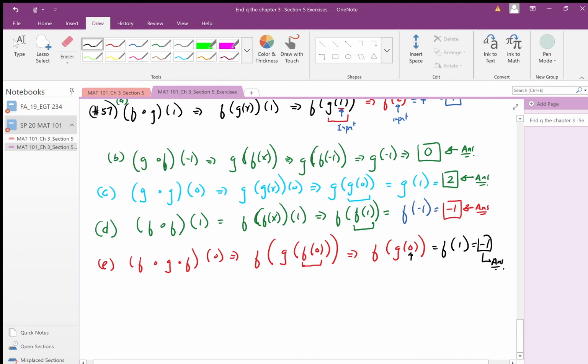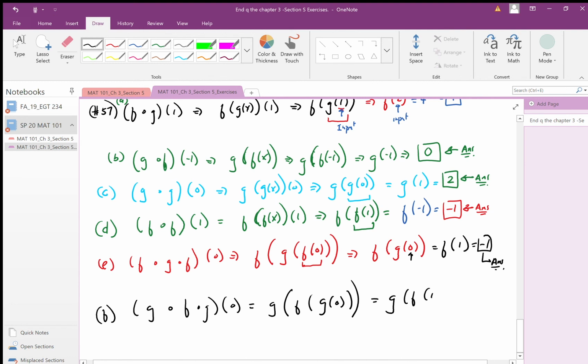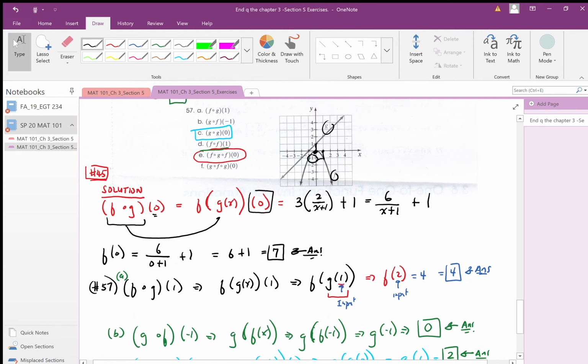Okay? And then the last part of E is going to be g, f, g of 0. I'm just going to write this out. It's going to be f, g of 0, okay, equals g, f of 1. Okay? And then when you look at your graph again, you see your f of 1.